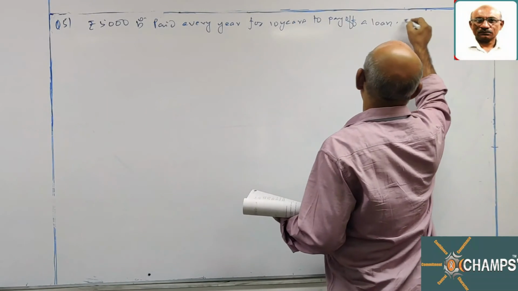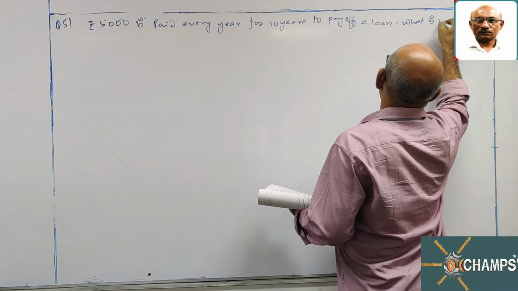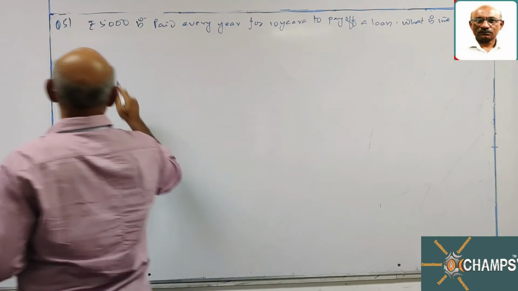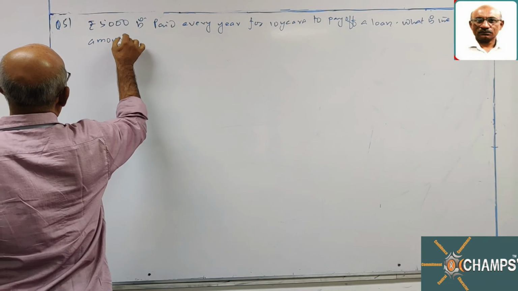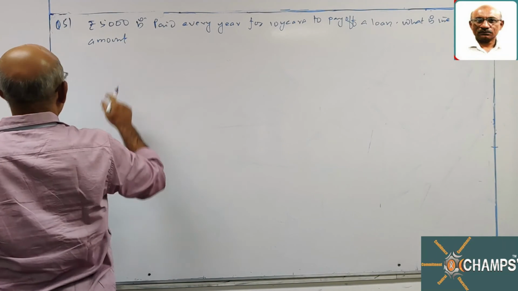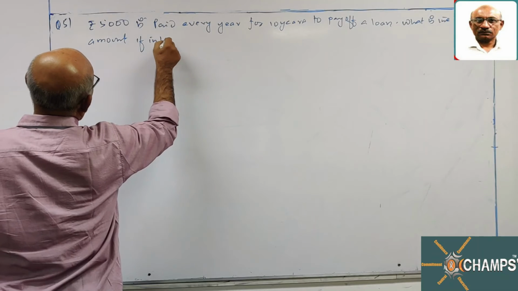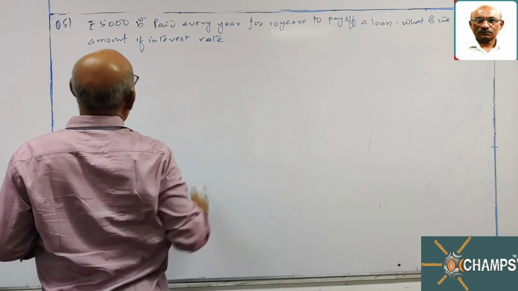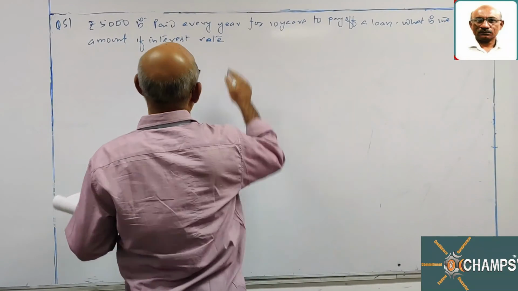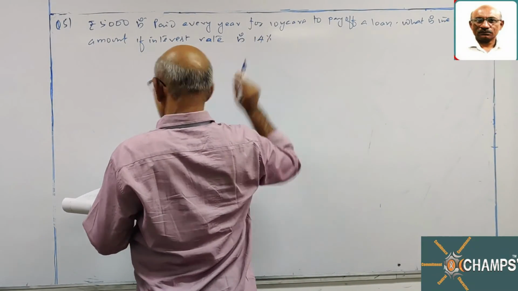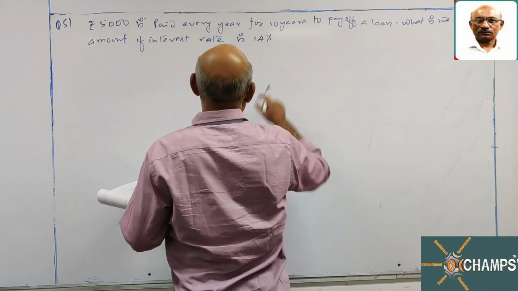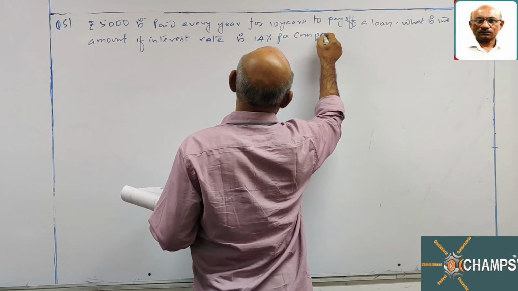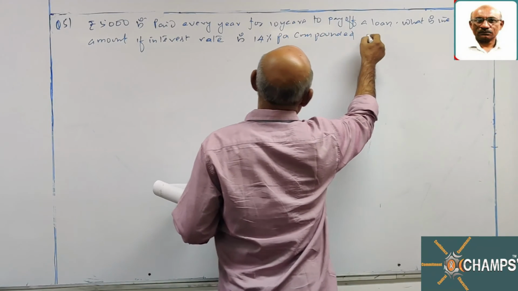What is the loan amount, if interest rate is 14% per annum, compounded annually?